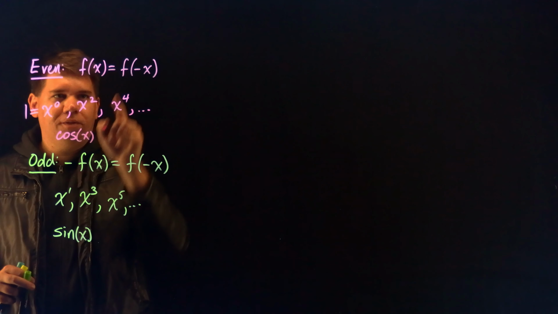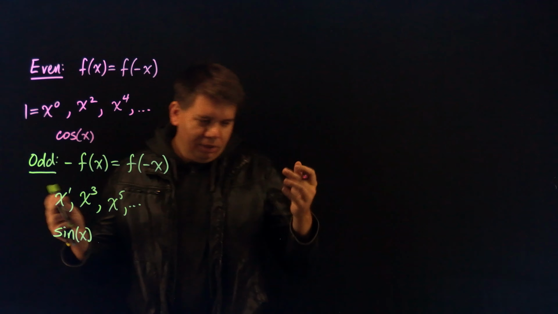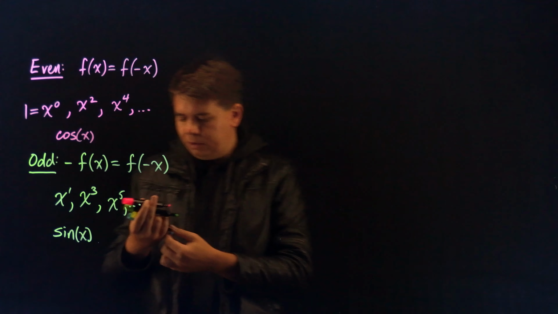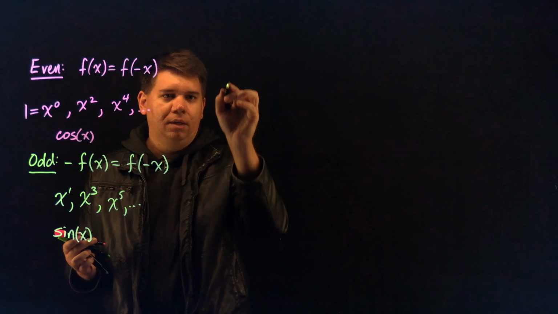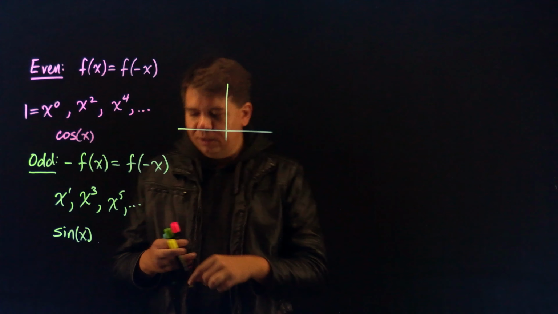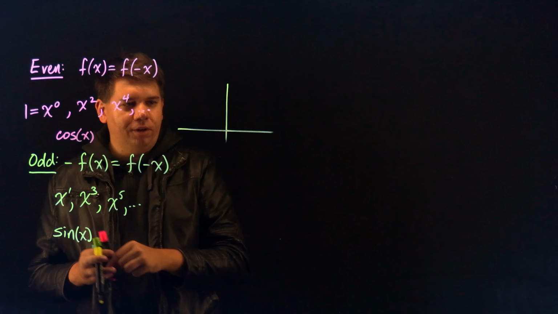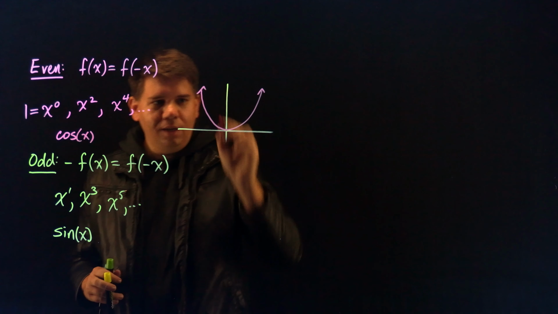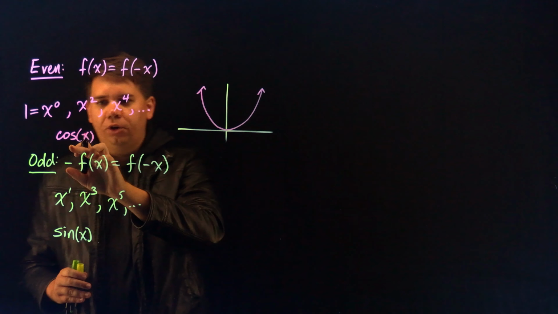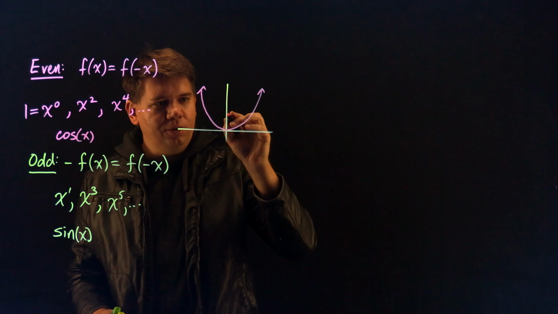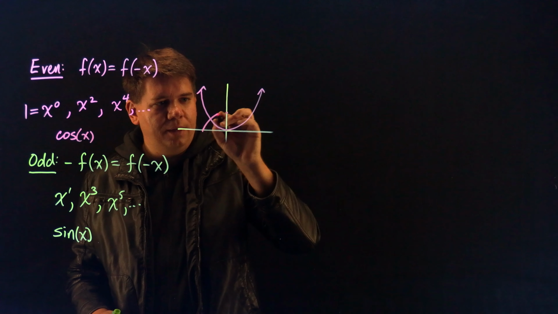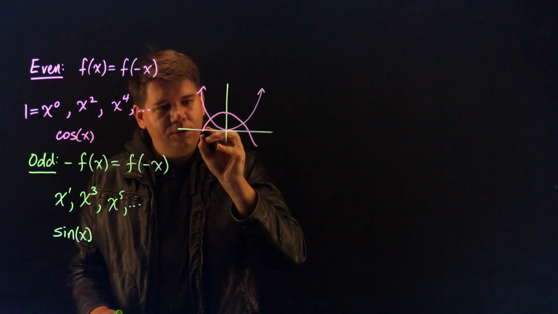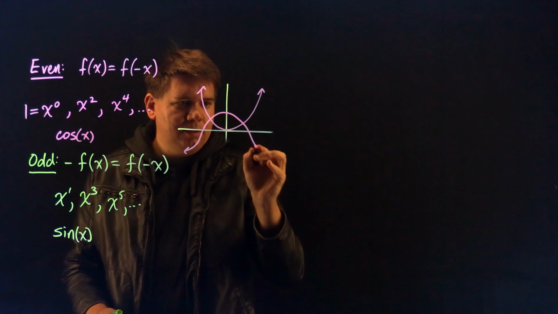Cosine satisfies this property. You can think about the graphs. Maybe that's helpful. So what do these even graphs look like? When I have these even graphs of things like x squared or x to the 4th, well, those just look like parabolas. But you can also think when I have the graph of something like cosine, well, that also has this nice symmetry with respect to my y-axis.